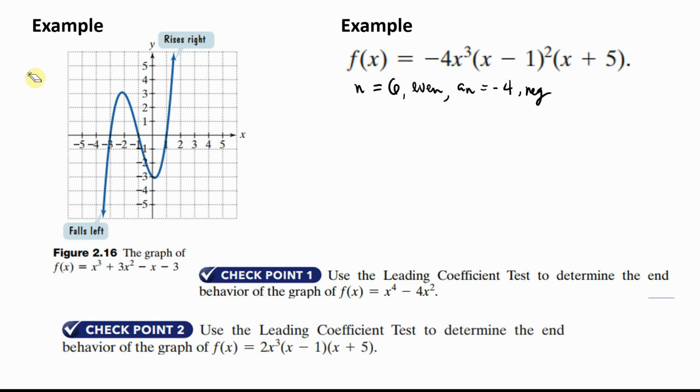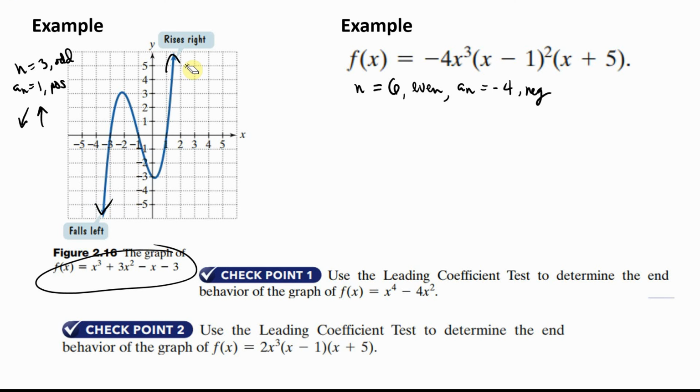I apologize for backtracking. So here for this example, different from the one on the right, n is equal to 3, and a sub n is 1. So this is odd, and this is positive. So it falls to the left and rises to the right. And you can see that.